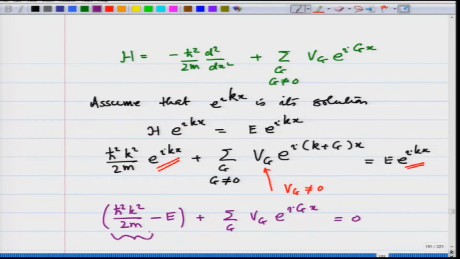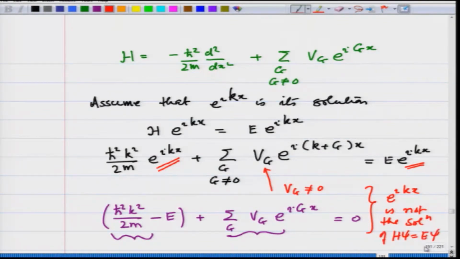This is a constant. So, it tells you either the potential itself is 0, and in that case E will be equal to ħ²k²/2m. If potential is not 0, then this equation certainly is not satisfied, and therefore, we have to do something. e^{ikx} cannot be the solution. So, we conclude from here that e^{ikx} is not the solution of H psi equals E psi, or the Schrodinger equation.